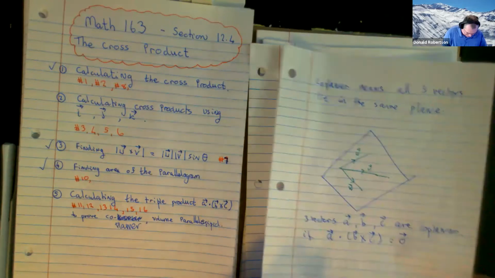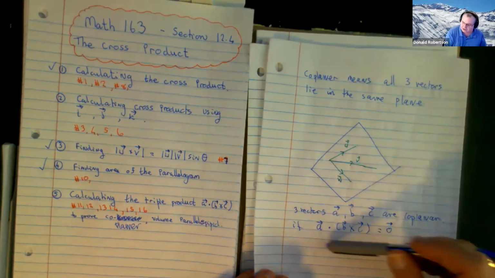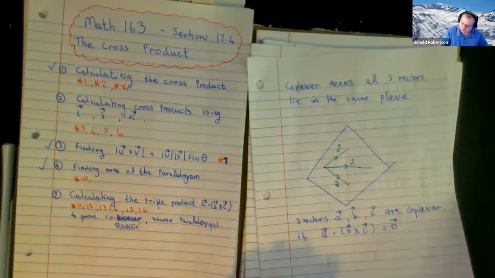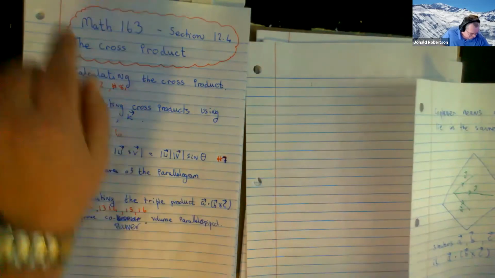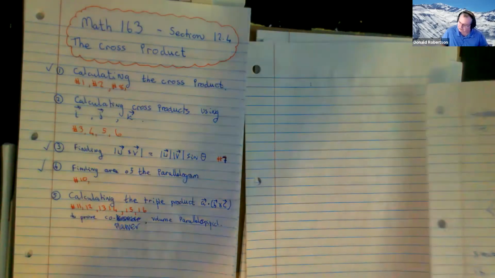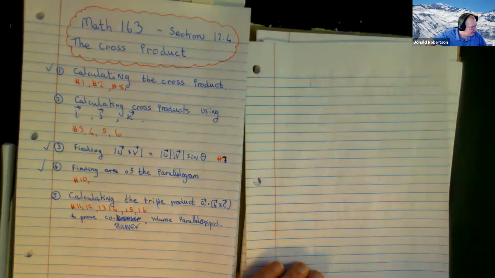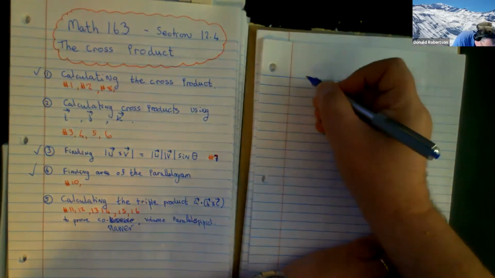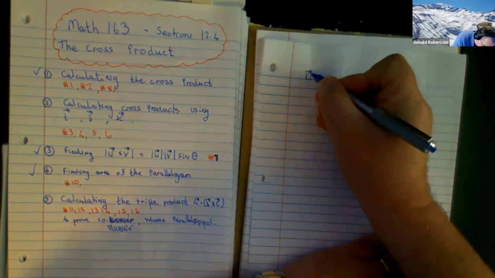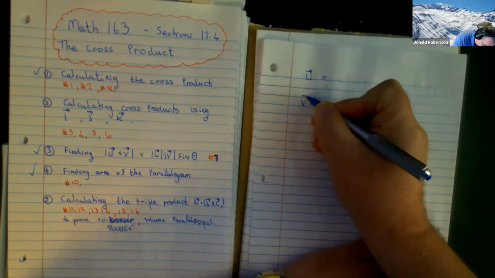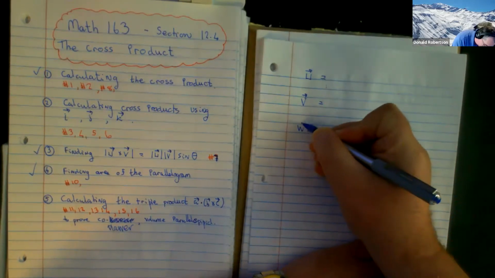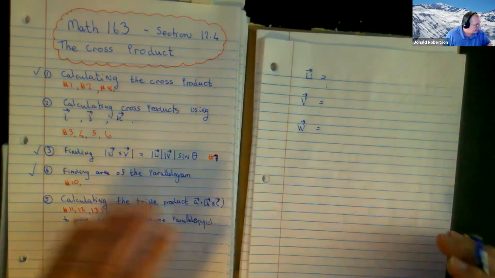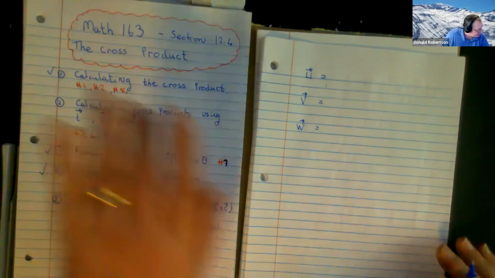Now, it would be really nice if they just told me A, B, and C, right? Because then I could do this. But they do it like they did that earlier one, you know, the one where we had to find A to B and so on. So they're going to do that same kind of situation. We're going to find a vector u, a vector v, and a vector w. And we're being asked if these vectors are coplanar.